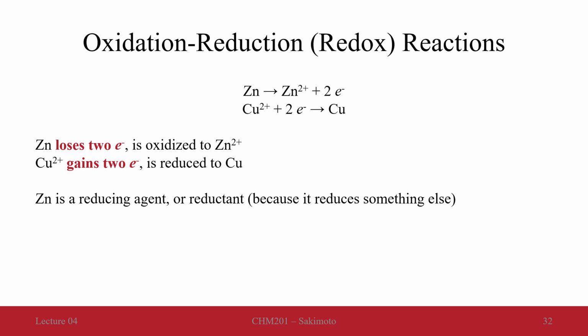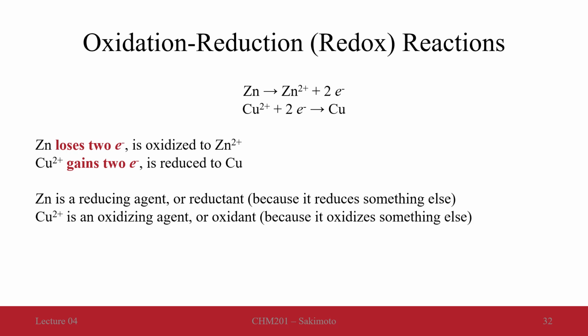We would also call copper the oxidizing agent or oxidant, because copper is the thing that is oxidizing the zinc, causing zinc to lose 2 electrons. Every time we have a reductant, we have an oxidant. Every time we have a reducing agent, we have an oxidizing agent. Every time something is being oxidized, something is being reduced.